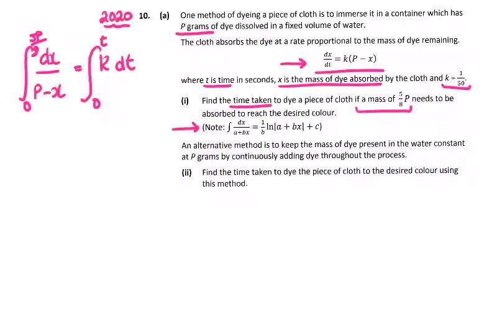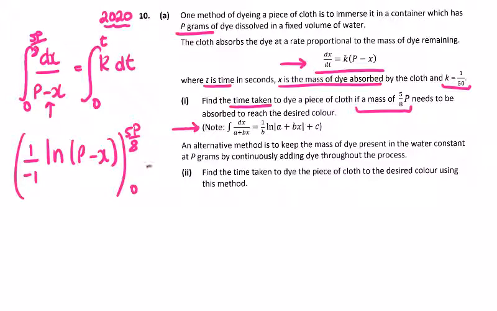So integrating dx over (P minus X) is going to give the natural log of (P minus X) multiplied by 1 over whatever number's in front of X there. So 1 over minus 1, or just minus 1. And that will be between 0 and 5P over 8, and that will be equal to kt, integrating k times 1 dt between t and 0.